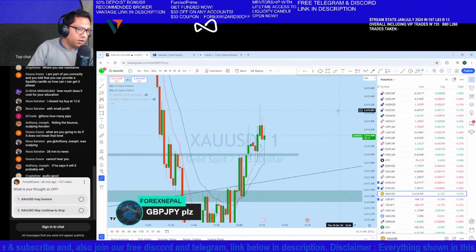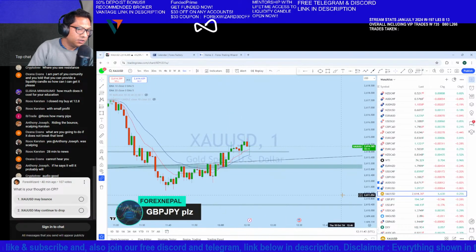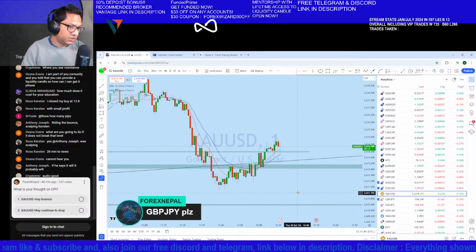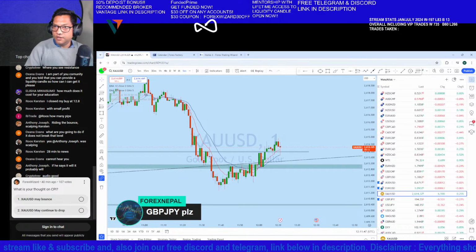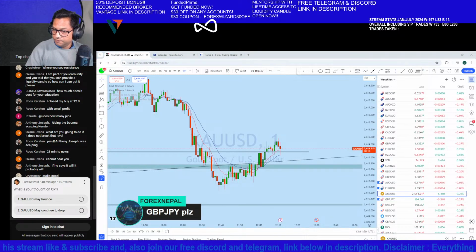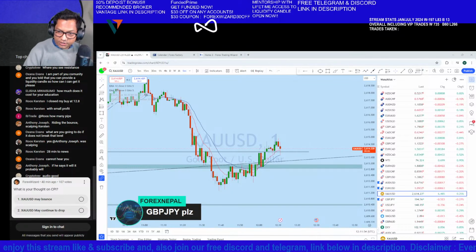On the 1 minute price action, we might see a potential break of structure here, and then we will be looking for a potential entry. Rejection, rejection, rejection.